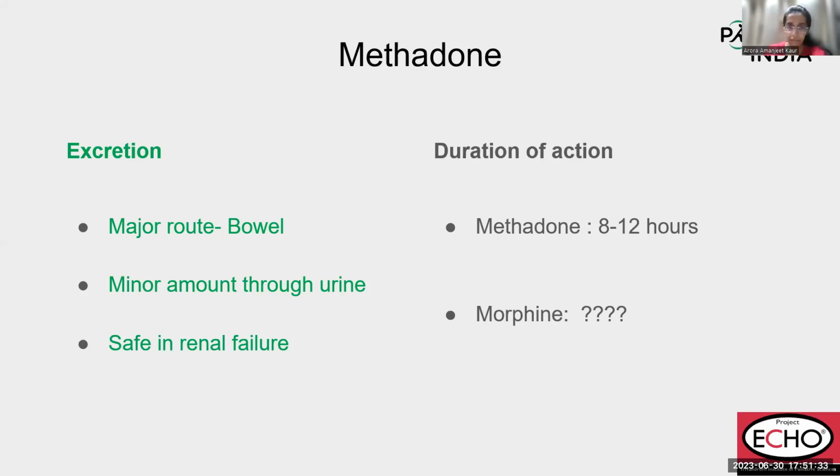Yeah. But we give it every 4 hourly. Compared to methadone, morphine has to be given very frequently. We give it every 4 hours, but methadone needs to be given only BD or TID.